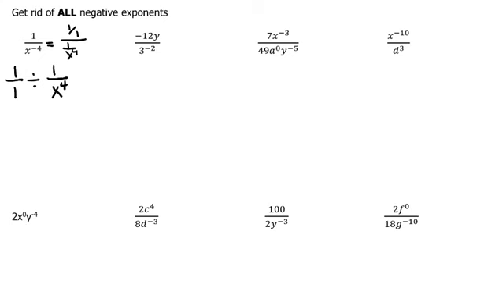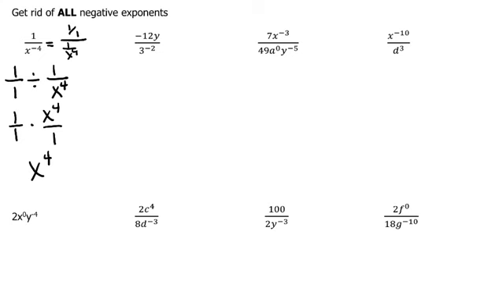And when we divide two fractions, we flip and multiply. Okay, so I'm going to say that's the same as 1 over 1 times x to the 4 over 1, which is just x to the 4. So we see that that negative 4 is actually just going to send it back up to the top and become x to the 4 in the numerator.